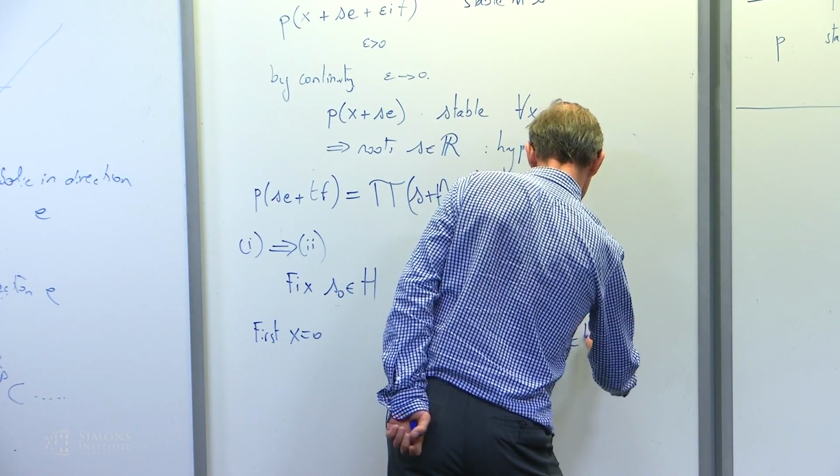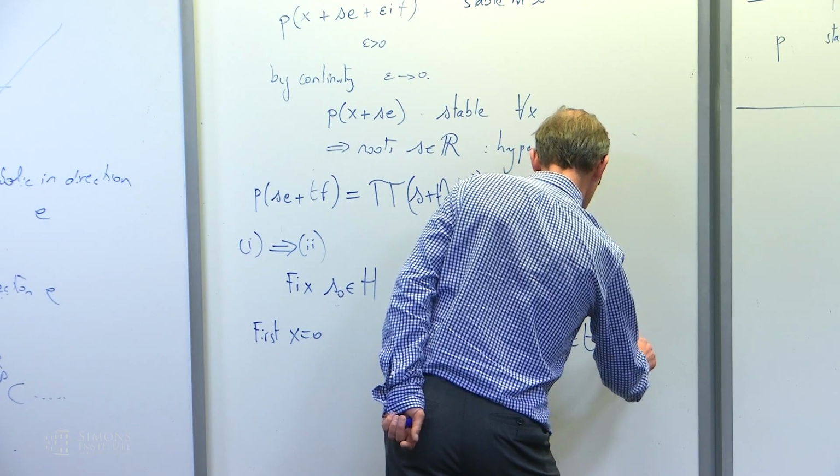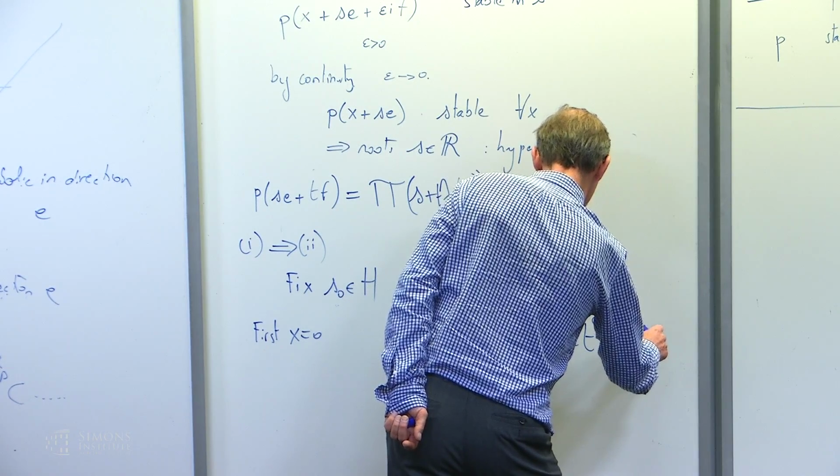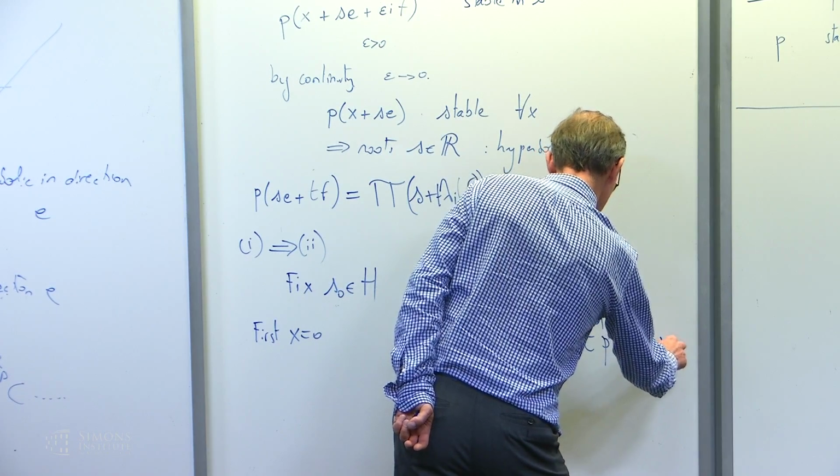So this is t to the d times the polynomial of s0 over t, e plus f.